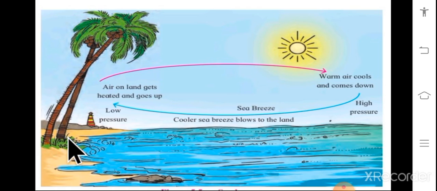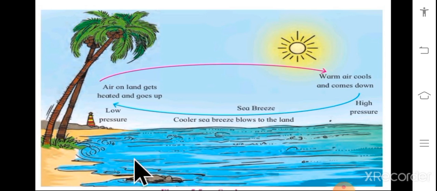As the land gets heated, the water does not get heated quickly because the properties of the land and water are different. So what is the result of all this? As a result, the air pressure over the land and the water area is different.